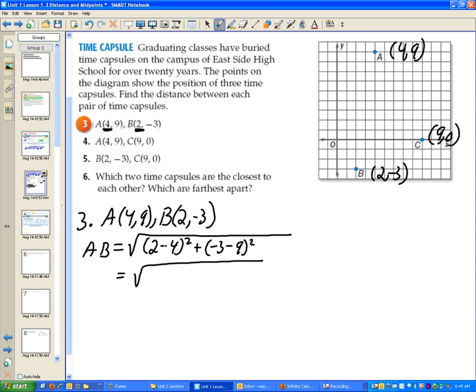All right, so inside the first parentheses, because we're following our order of operations, what's 2 minus 4? -2. Inside the second parentheses, what's -3 minus 9? -12.